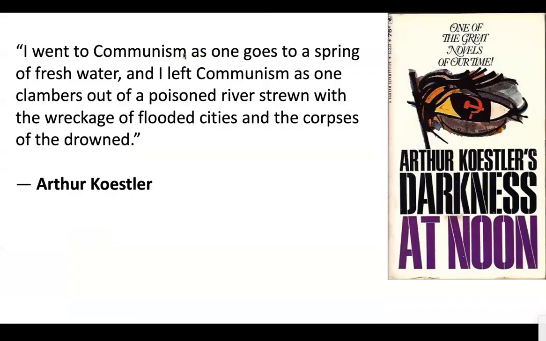Other kind of along those lines, Arthur Koestler, who was Hungarian-born, wrote a number of books. Darkness at Noon is one about believing in communism, but then realizing it's this totalitarian nightmare. And he says, I went to communism as one goes to a spring of fresh water, and I left communism as one clambers out of a poisoned river strewn with the wreckage of flooded cities and the corpses of the drowned.